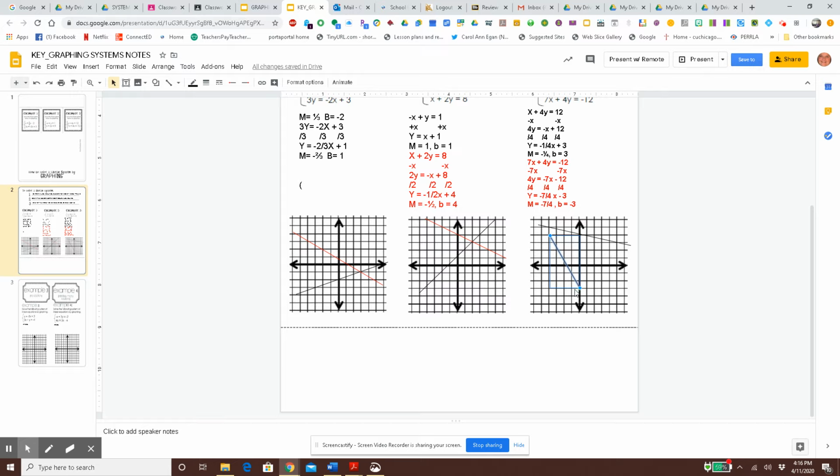So we're at -3, so 1, 2, 3, 4, 1, 2, 3, 4, 5, 1, 2, 3, 4, and 3, so that gives us 7. Going back to here, we were at 3, so we do need to move this down 1. And we're going to see that these will cross over right there at that point.